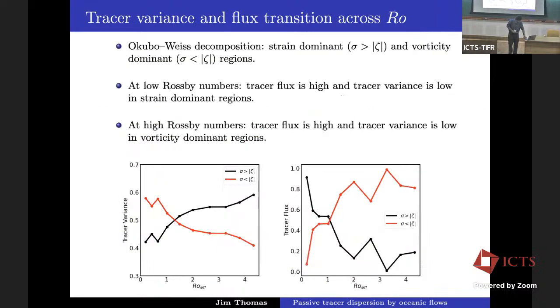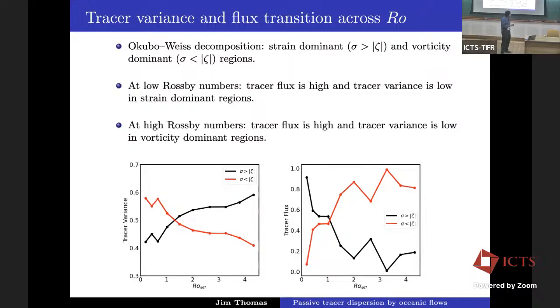Now, I guess the last part of the talk is pointing out that we can look at how the tracer concentration and the tracer flux change across Rossby numbers in these different regions, vorticity dominant and strain dominant. When you look at this, what you find is that at low Rossby numbers, most of the tracer field is contained in the vorticity dominant region.